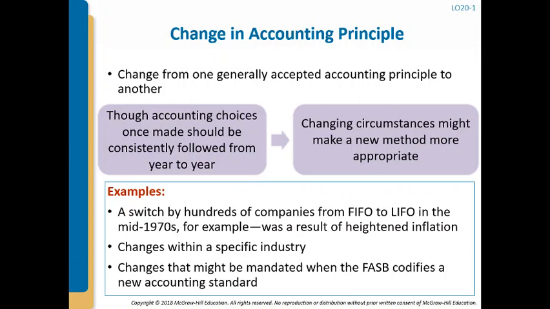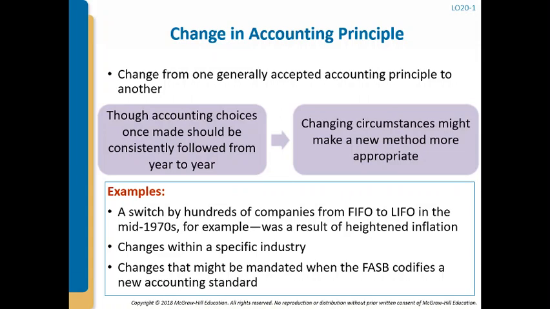So, for instance, back in the mid-70s when prices were rising quite a bit, several companies switched from FIFO to LIFO. That was because, if you recall, under LIFO, you take as your cost of goods sold the last items brought into the inventory.